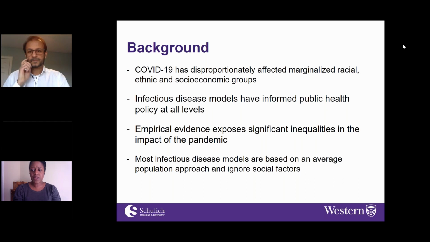For example, in the United States, early on, it was clear that in counties with a large proportion of African-American residents, the infection rates and mortality rates were higher. It was our sense that most infectious disease models were based on an average population approach and ignored social factors.